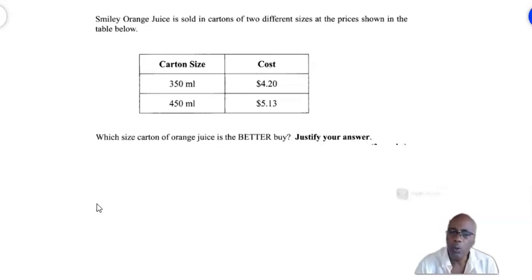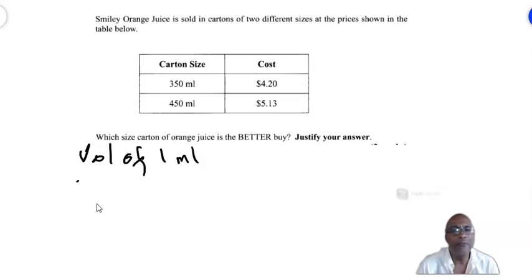And you have to justify your answer. Now, to know which is the better buy, you would have to find the cost of equal volumes of orange juice. And the best volume to use is 1 milliliter for each carton size. So we find the cost of 1 milliliter for each.